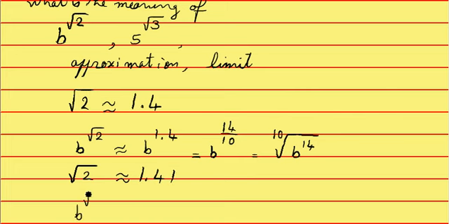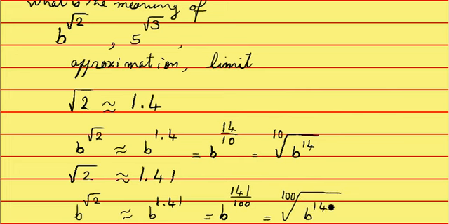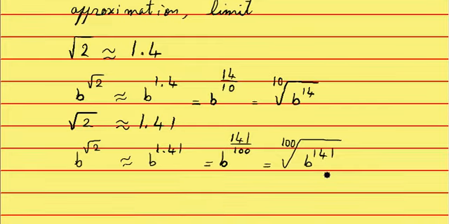Then b to the power of radical 2 is approximately b to the power of 1.41, which is equal to, well, 1.41 is 141 divided by 100, and that means you're taking the 100th root of b raised to the power of 141. That looks like a daunting task to do, but we are not going after actually calculating any such thing.